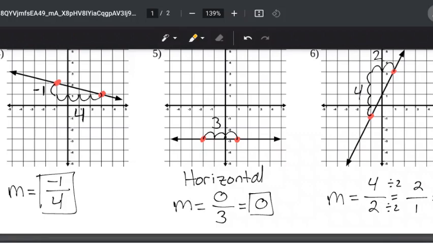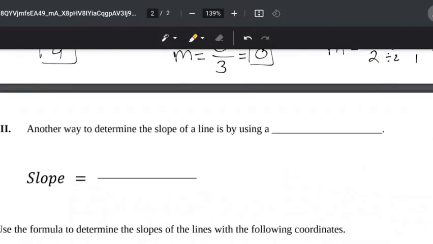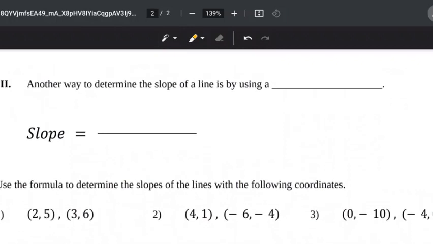Okay, let's move on to the next page. So the second way that we can determine slope, first was by counting on the graph. The second way now is by using a formula. Now the formula does the same thing, except when we don't have a picture of a graph, we can still figure out the slope.